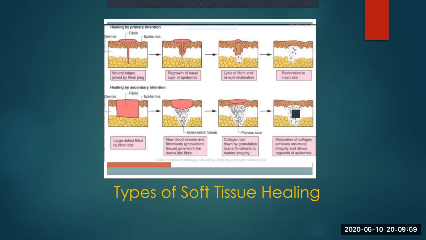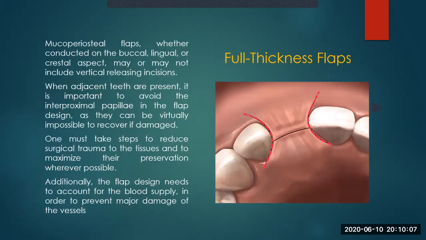It is less vascular, less resilient, and has fewer cellular elements. That's why it's very important when we plan a soft tissue incision for the sake of doing surgery, we have to consider these factors.